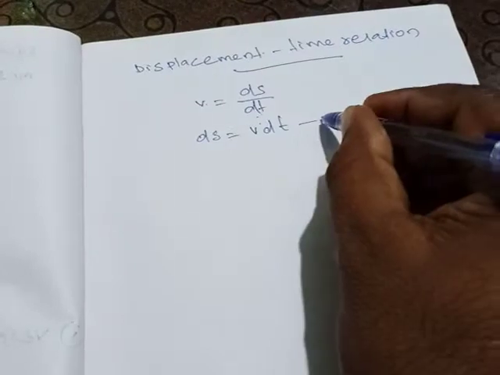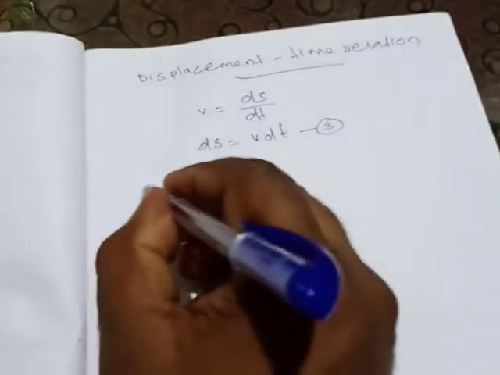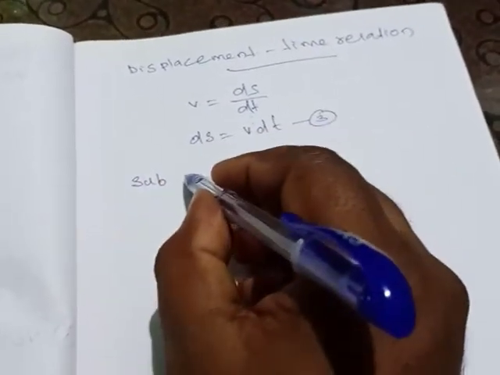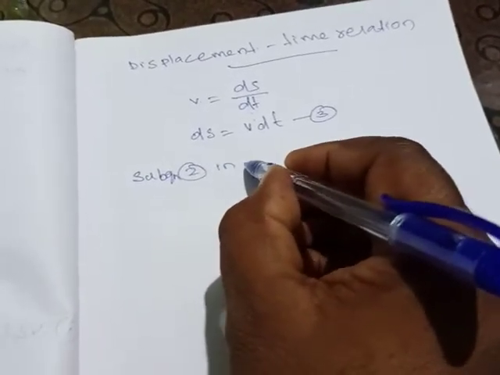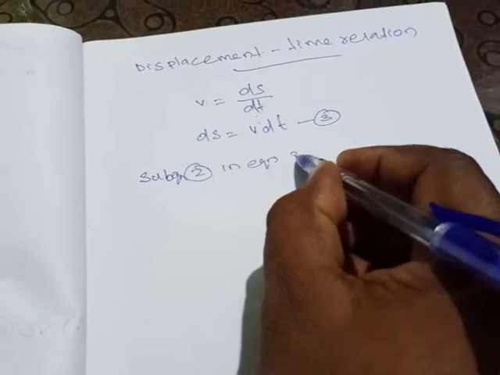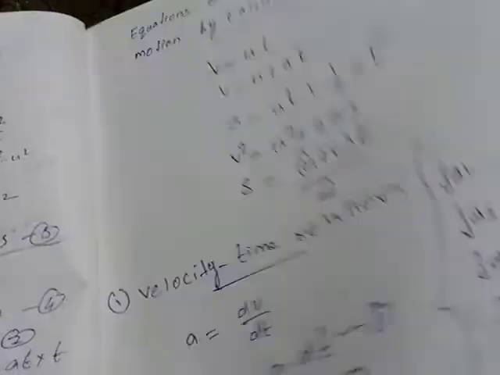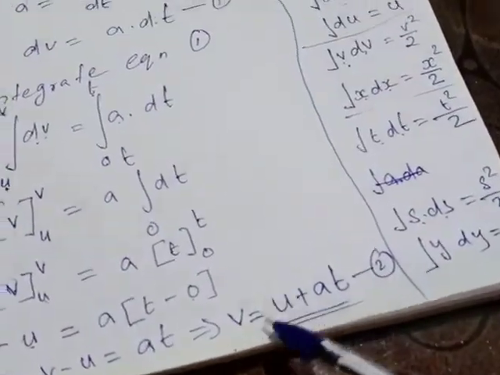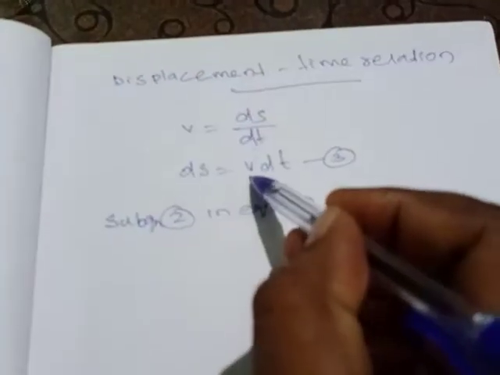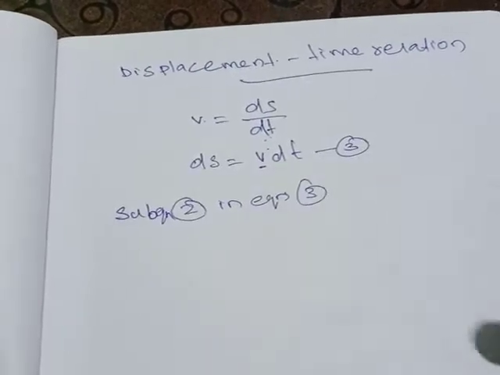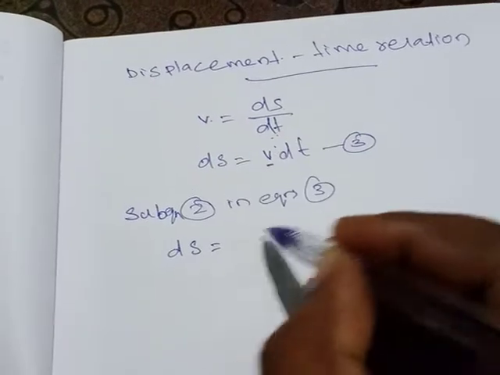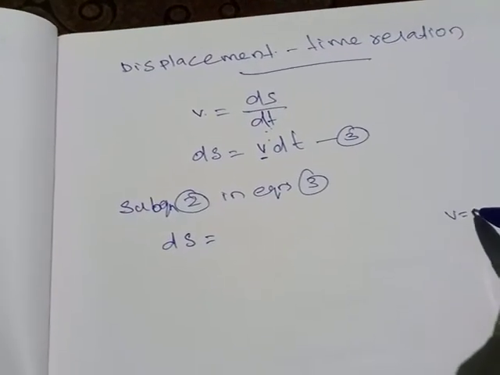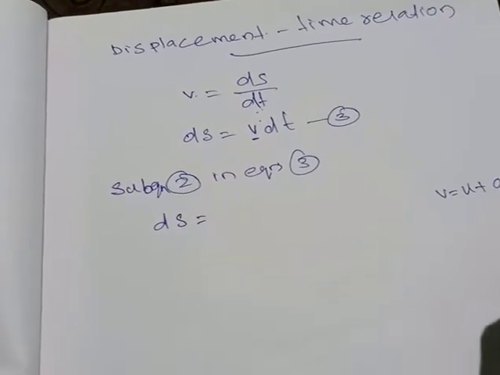Now this you take as equation 3. Now substitute equation 2 in equation 3. What is equation 2? Equation 2 is v equal to u plus at. That equation 2 you substitute in terms of this v. So ds is equal to v, and from equation 2, v is equal to u plus at.